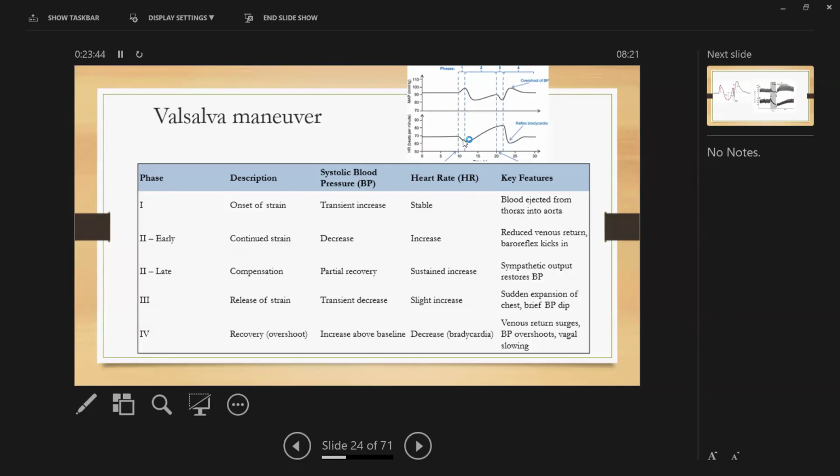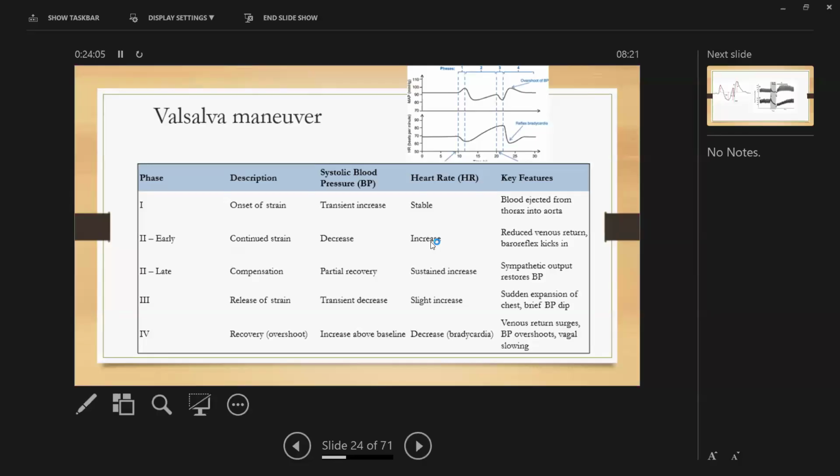The second phase can be divided into early and late. When the intrathoracic pressure increases, naturally the venous return gets reduced. With reduced venous return, stroke volume gets reduced and the systolic blood pressure will decrease. So reflexly, heart rate will increase. That is in the early phase.